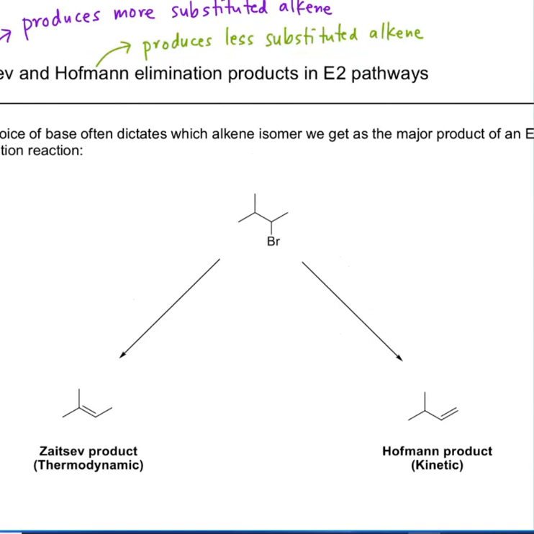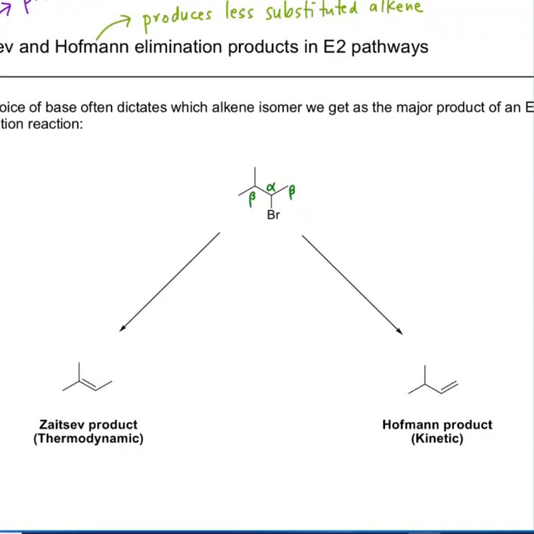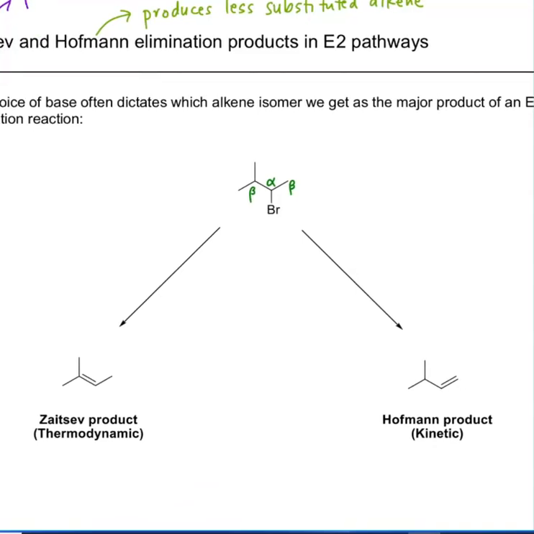So we have a bromine leaving group, that's at the alpha carbon, and we have 2 beta carbons. Now, if we wanted to get the more substituted alkene, that would be the Zaitsev product, which sometimes people will refer to as a thermodynamic product because it's the more stable of the two possible alkenes you could get. If we wanted that one, then what we would do would be to deprotonate.